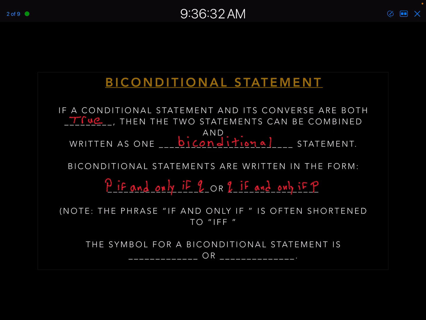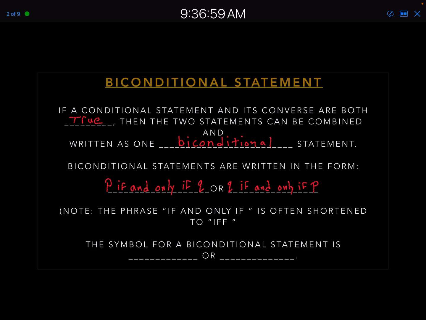So we can write the statements in one of two ways if they're both true. You don't write anything after that. Just stop there. The rest of it is just notes that you really don't need for your purposes.